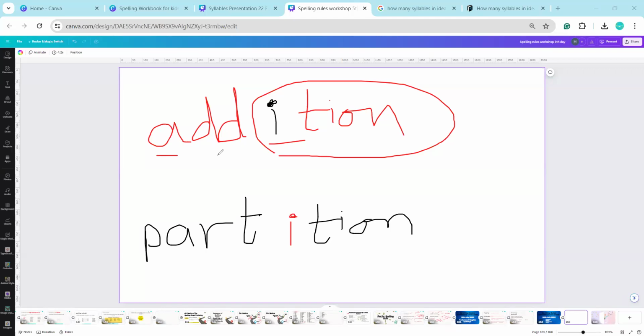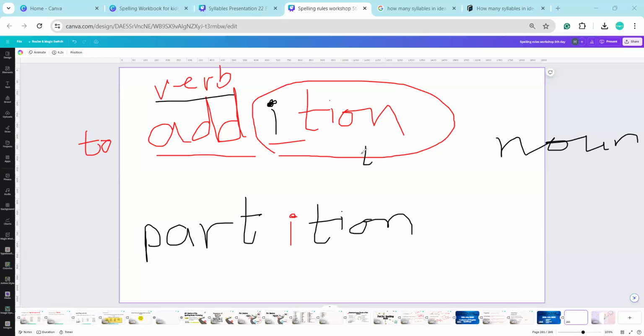So addition means the result of adding. To add is a verb. And with the -tion thing, remember that if you have -tion in a word, it's a noun. So you are changing a verb to a noun, and to change this, you are putting the -ition suffix. To add is a verb, addition is a noun, and -ition is a suffix which means the result of.